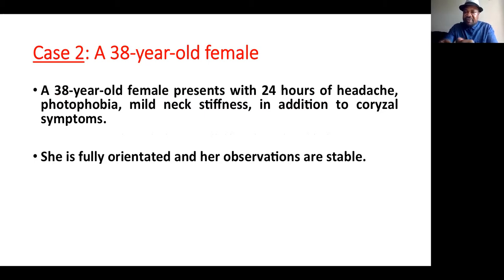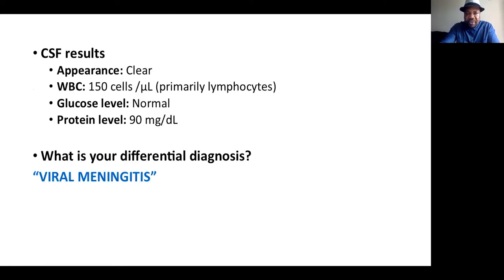This is definitely an acute infection, and with the coryzal symptoms, running nose and so on, it gives you an impression that this might be a viral meningitis. She is fully orientated and her observations are stable, okay?